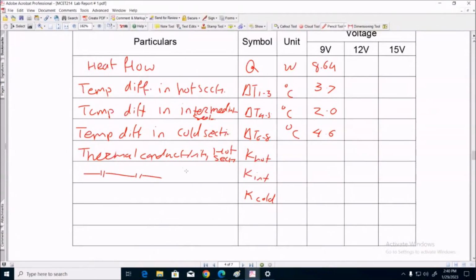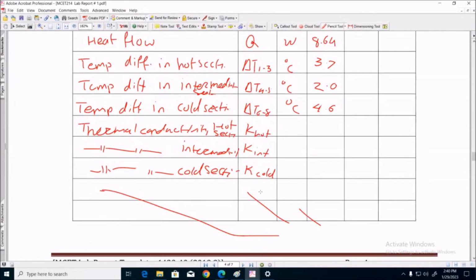This is the same thermal conductivity in the intermediate section, and this is the same thermal conductivity in the cold section. No need to write the formula or the area here, so we'll keep this blank. The thermal conductivity of the hot section is in watt per meter degree centigrade.